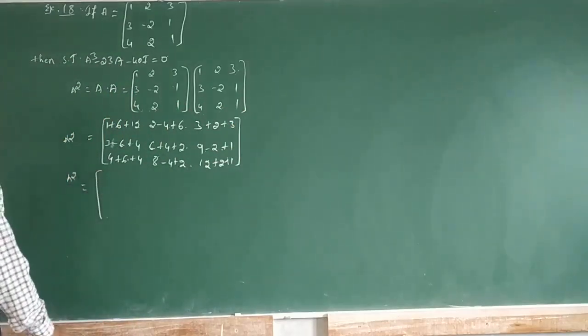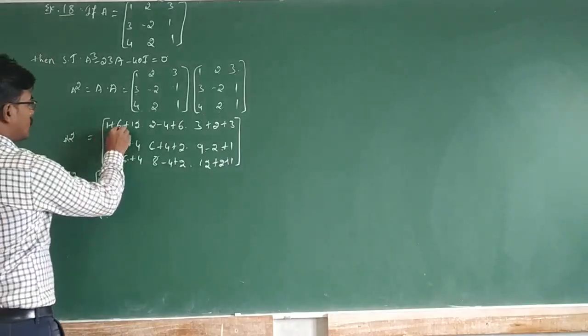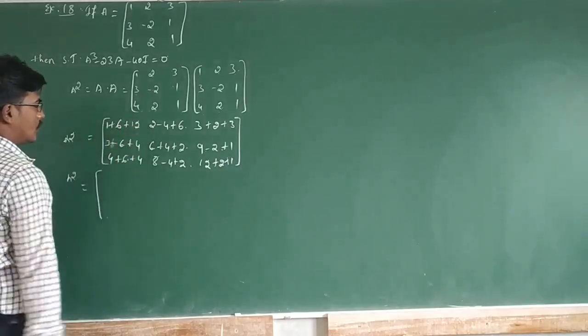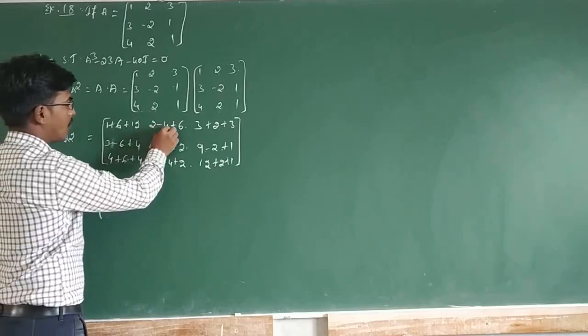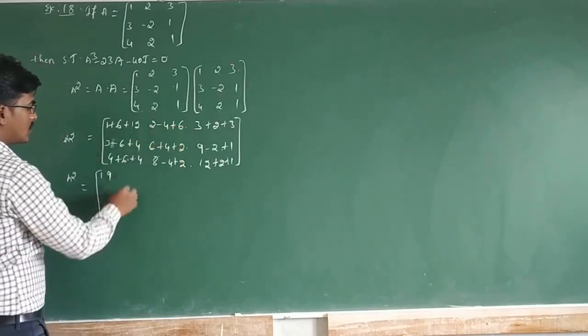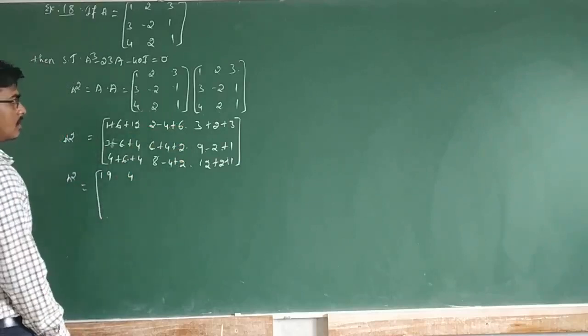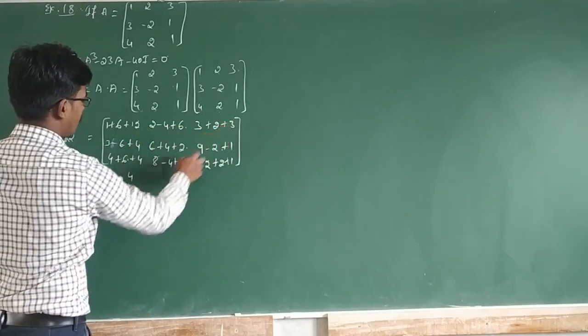A square is equal to: 1 plus 6 plus 12 is 19, next 2 minus 4 plus 6 is 4, next 3 plus 2 plus 3 is 8.